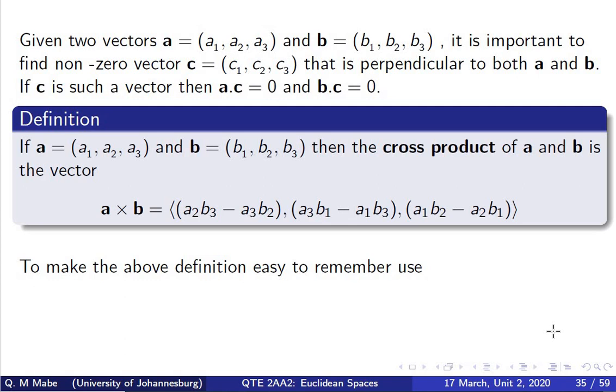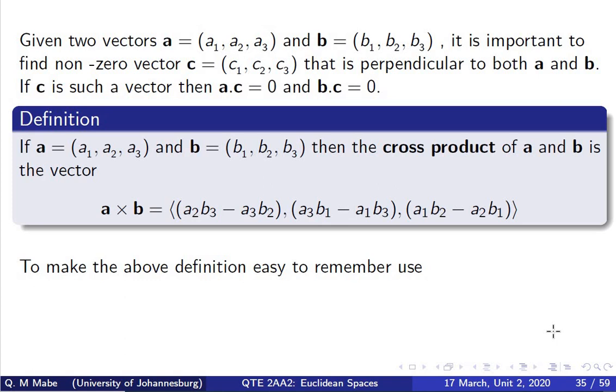If I can find A cross B, my vector A cross B will always be perpendicular to A and B. And we have a formula that we use to find our cross products. So it boils down to this definition here.